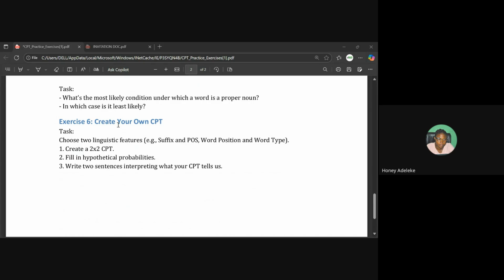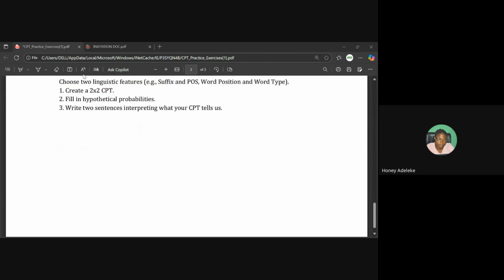Just an example. You can have other things you want to look into. Create a 2x2 conditional probability table. You know what we mean by 2x2, where each of the variables has two levels, something like this.